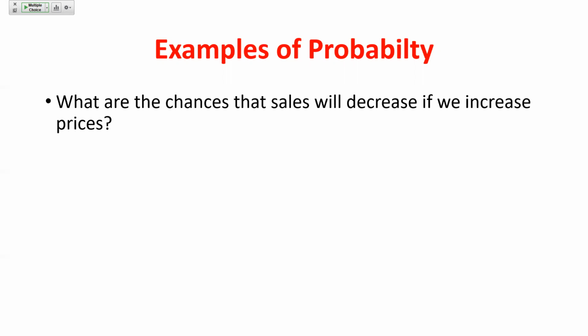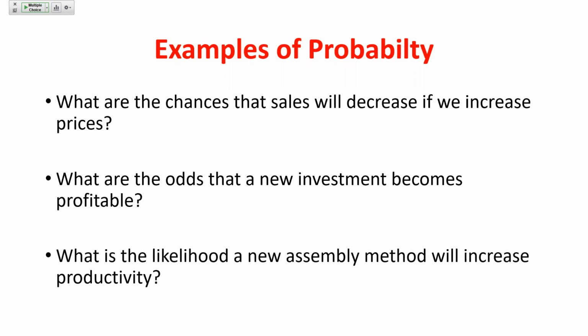So probability, we think about what we're talking about. Generally, it's intuitive, when we hear phrases like, what are the chances that this thing changes? What are the odds that this investment becomes profitable? What's the likelihood? All those are terms basically for, look, we don't know what's going to happen. We know there's a bunch of different outcomes.